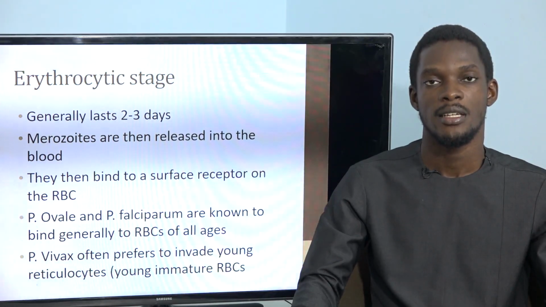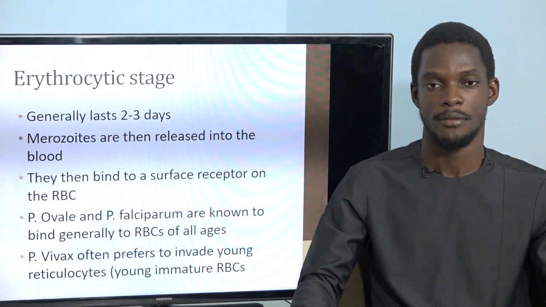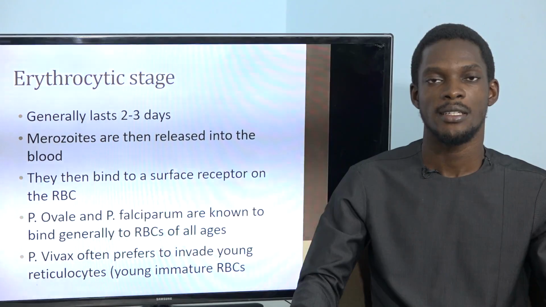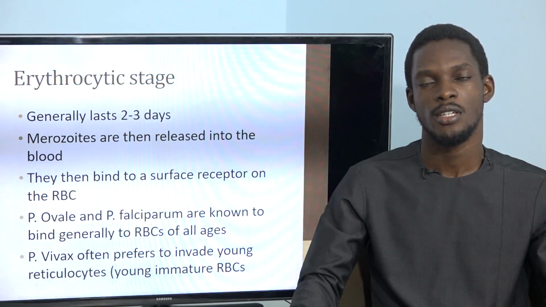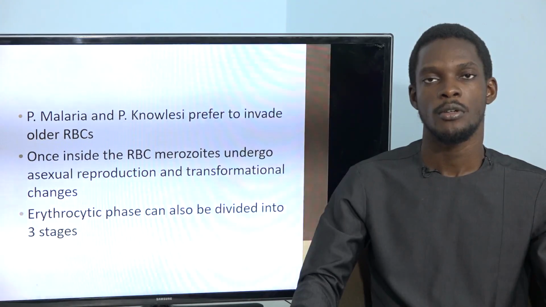P. ovale and P. falciparum are known to bind generally to red blood cells of all ages. So ovale and falciparum bind to everyone. P. vivax are known to bind to young, immature red blood cells, otherwise known as reticulocytes. Plasmodium malariae and Plasmodium knowlesi prefer to invade older red blood cells.